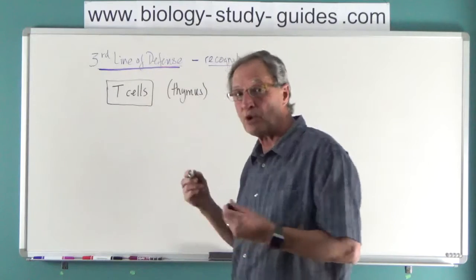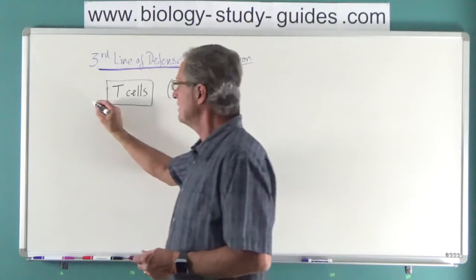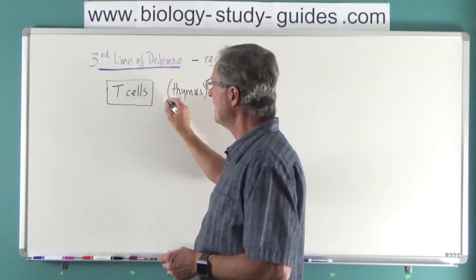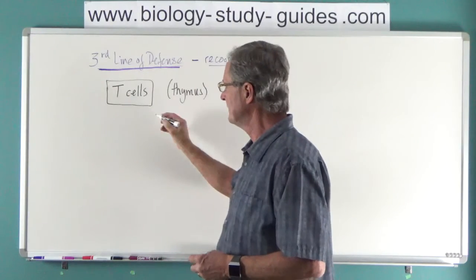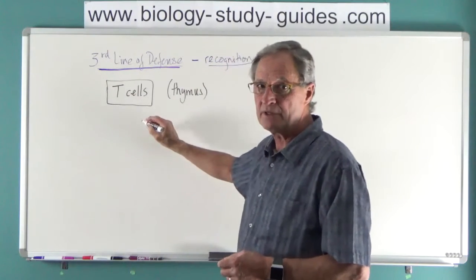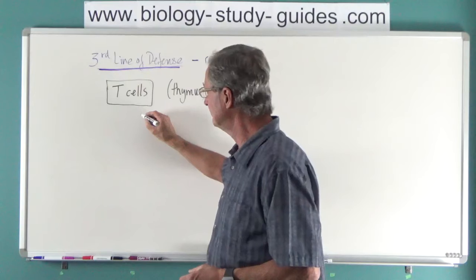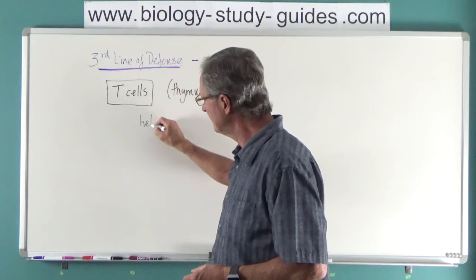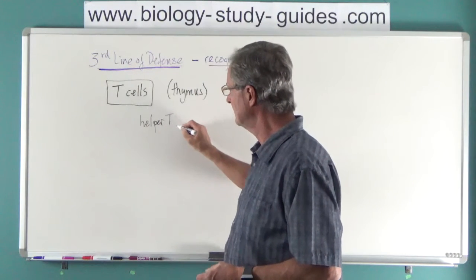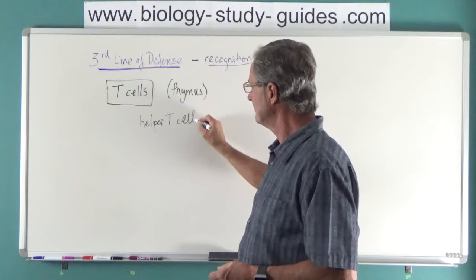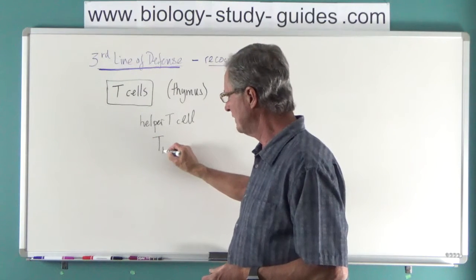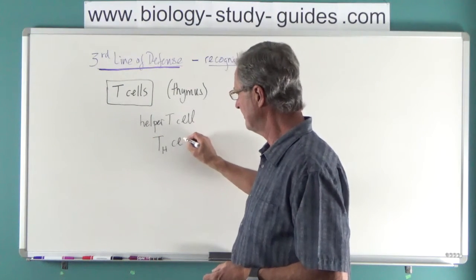They originate in bone marrow, like all blood cells, but the cells go into the thymus and come out as T cells. Now there's two kinds of T cells. There's a helper T cell. Sometimes it's abbreviated this way, TH cell.